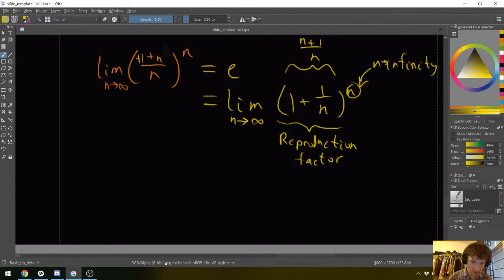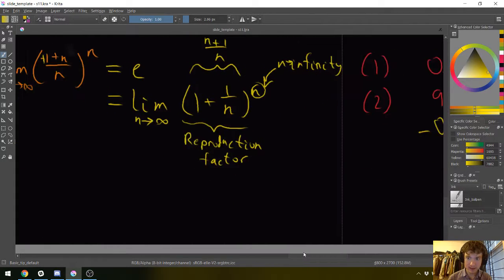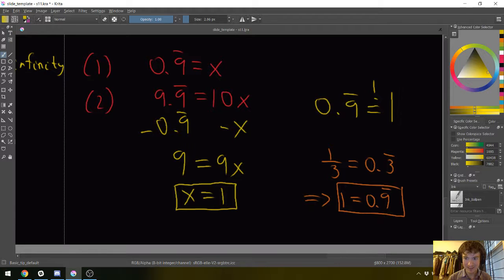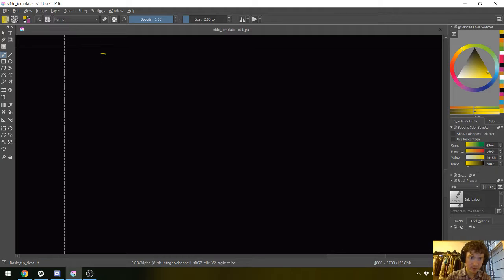So the set of rationals also has the property that if you take the set of all rationals between any 2 points, so if this is A and this is B, there's still infinitely many rational numbers in here.